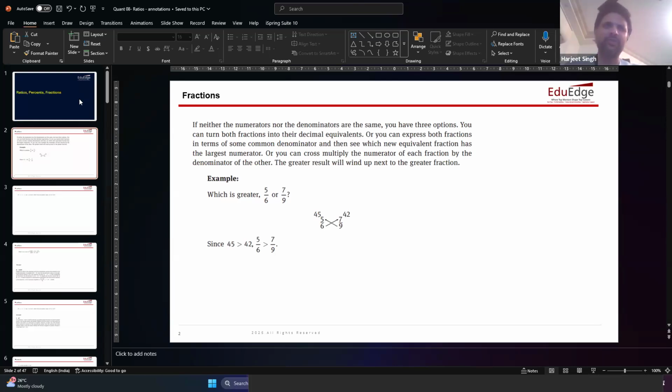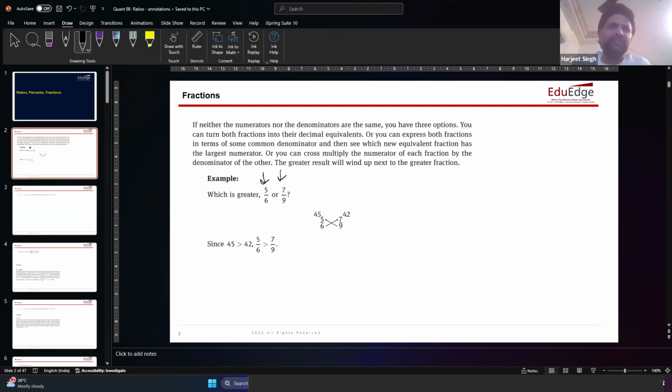So fractions, we know what they are. One of the questions which could be asked is to compare two fractions and assess which one is larger. Here we have two fractions. The best way to solve such questions is to cross multiply.